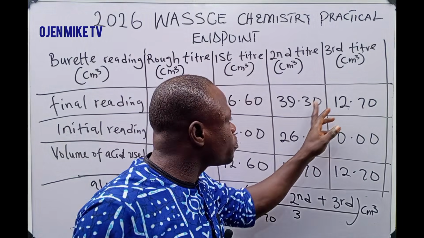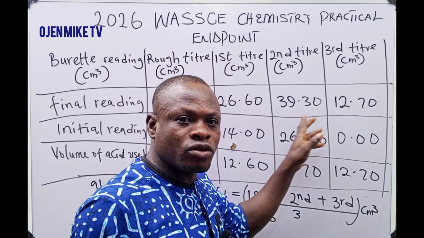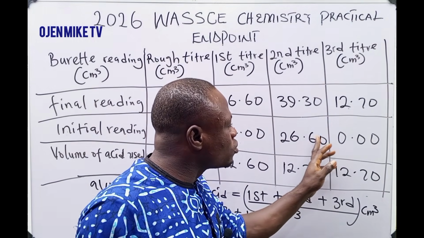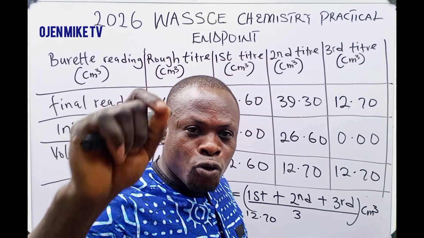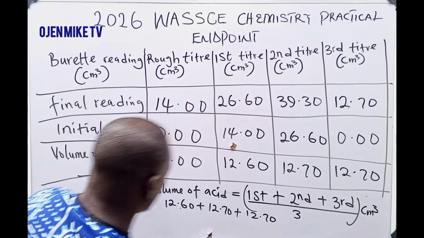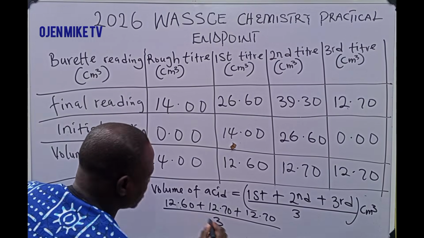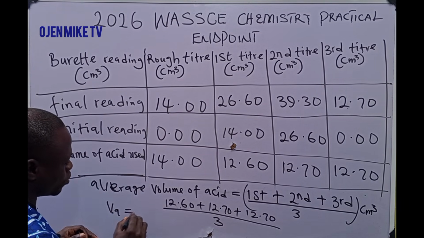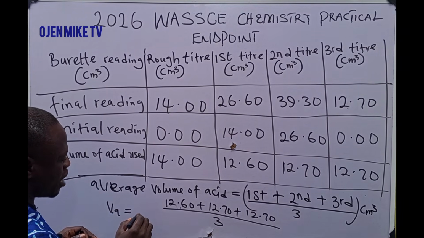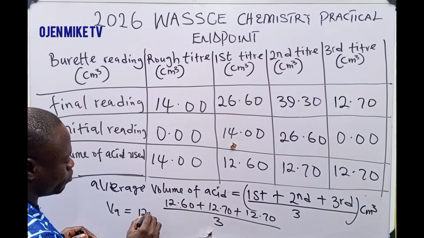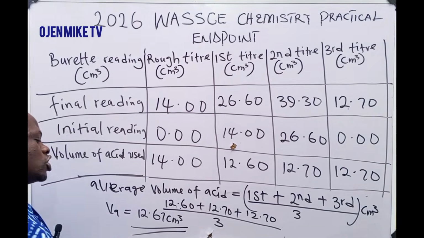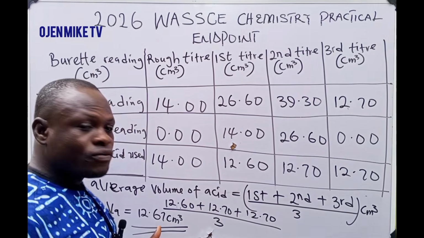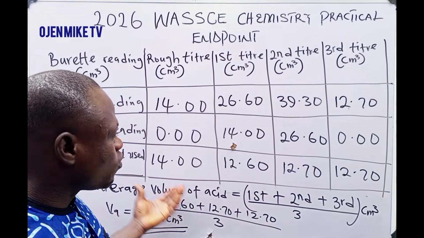It should be 0, 3.3 or 4.0, 1.0, 7.0, 9.0. Don't put 6.5 or 6.2. If you put it like that, a mark will be deducted. So divide by 3. At the end, VE now will be equal to 12.67 cm cubed. So this should be the range of your value if you are preparing for your students.